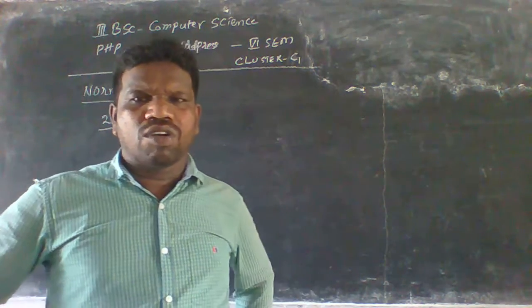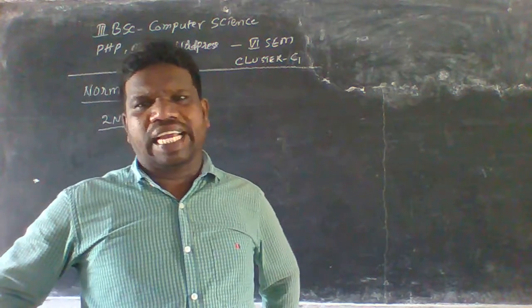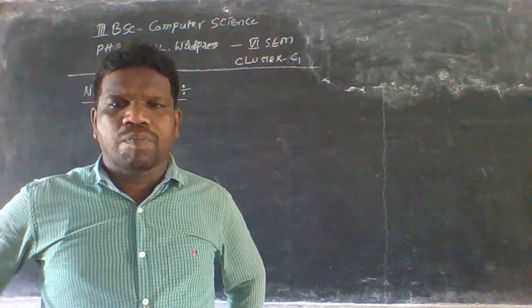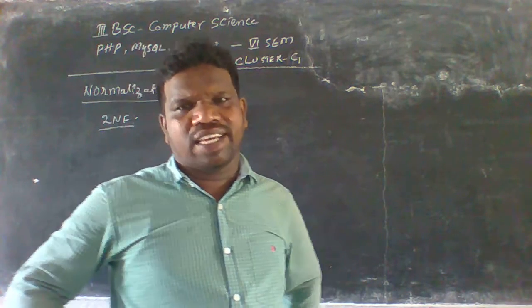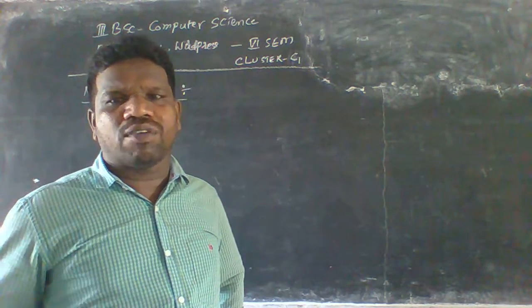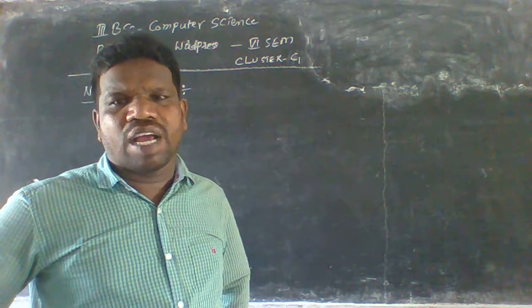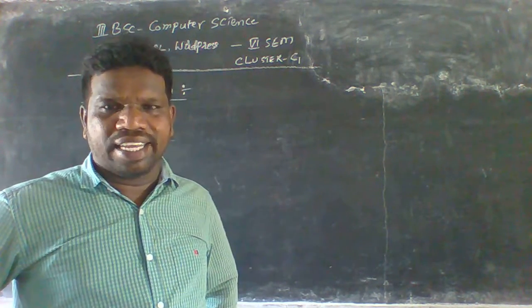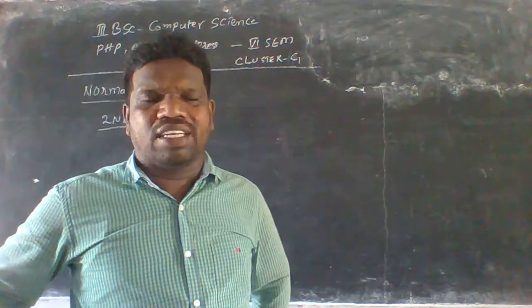If you want to perform this second normal form, we have to use some table. As a sample example, we take a sample product table, and this table contains product ID, product and brand.